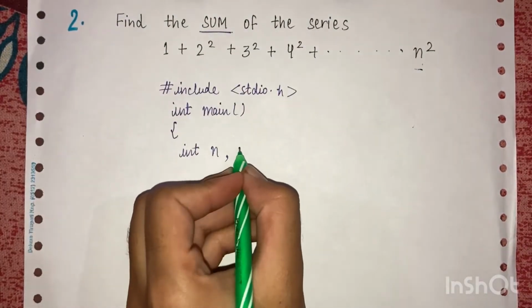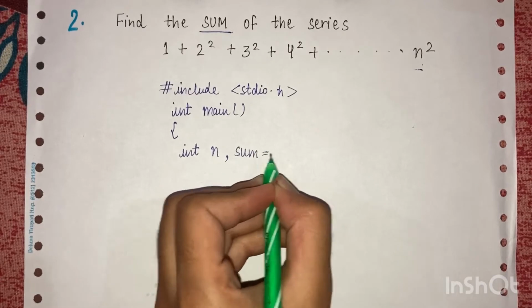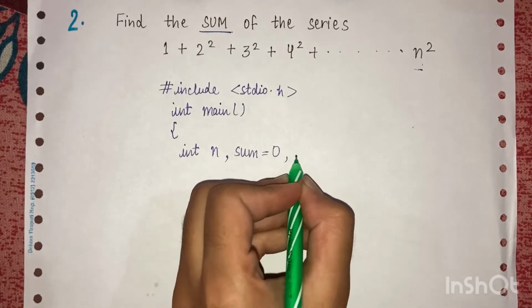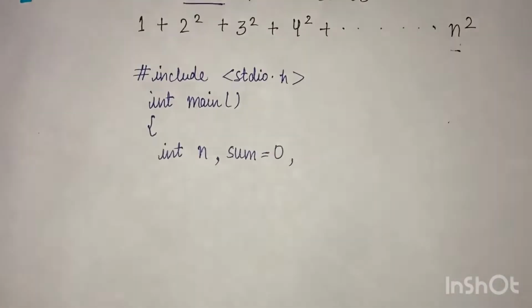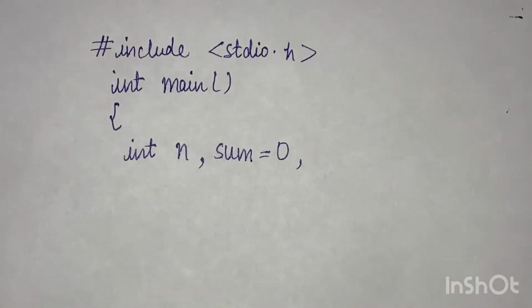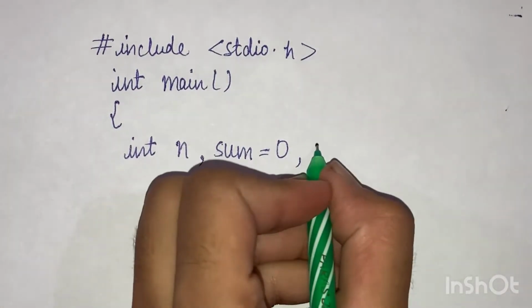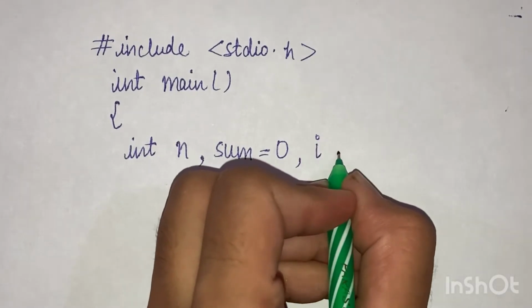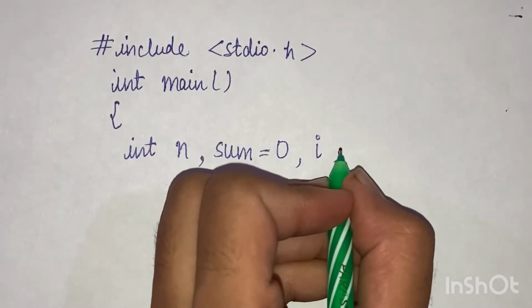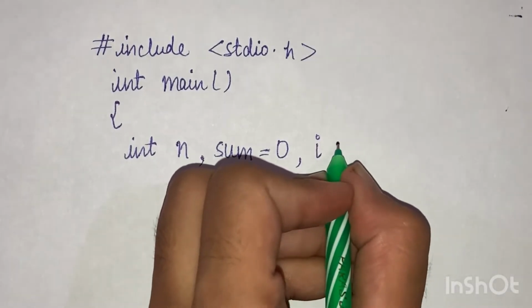So for that we'll have to take a variable sum and assign it initially 0. And we'll implement this logic by using a for loop, so I also need to declare a variable i for the for loop.